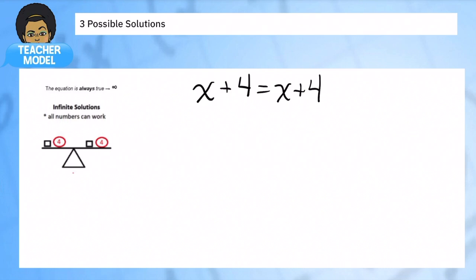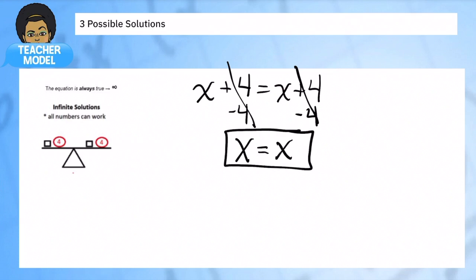So even if we were to subtract 4 on both sides, I end up with x is equal to x. Any number I put in there is going to make this true. If I put 5, 5 is equal to 5. If I put 100, 100 is equal to 100. I can put any number and it's literally saying it is equal to itself.